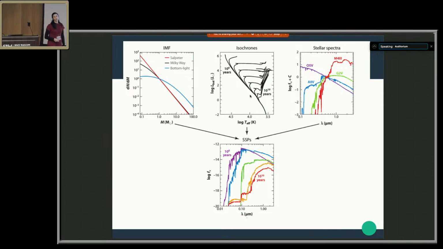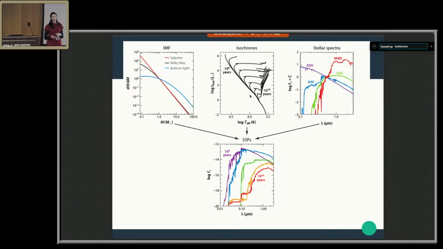And then this is really complicated, like Paul said. We don't know exactly the IMF. We assume the IMF is universal, but probably it's not. We think we know how the stars evolve, but there are complications, especially in the high mass end, because if you put in rotation or winds, the evolution is a little different.